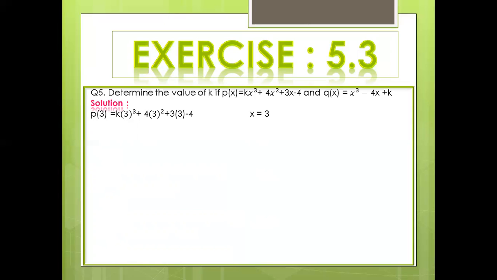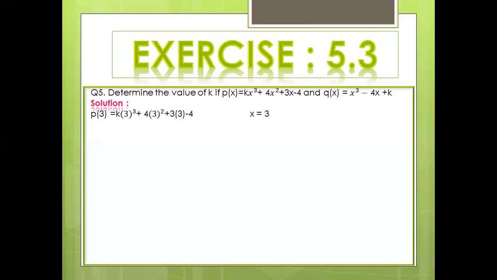Question number 5 is: determine the value of k if p(x) is kx cube plus 4x square plus 3x minus 4 and q(x) is equal to x cube minus 4x plus k leaves the same remainder. Concentrate on the statement of the question. Leaves the same remainder when divided by x minus 3.